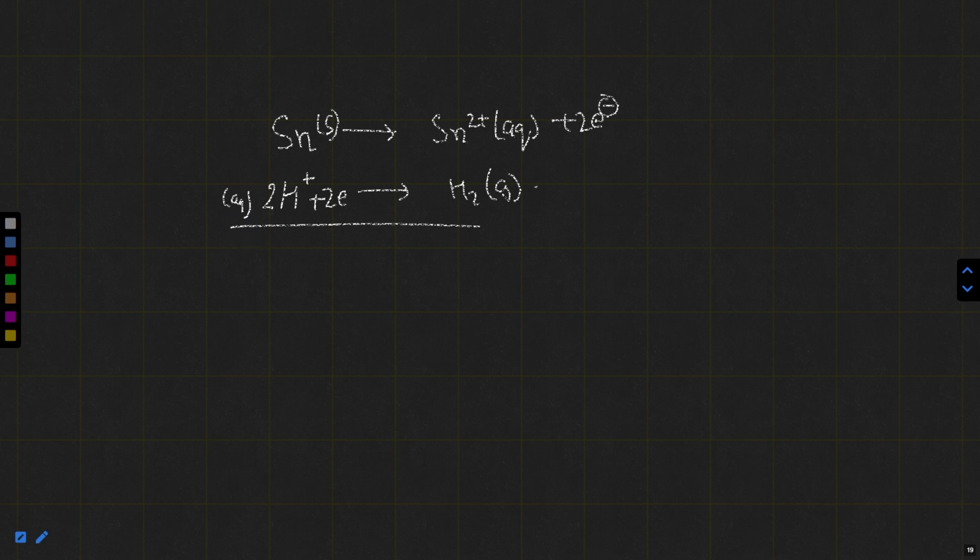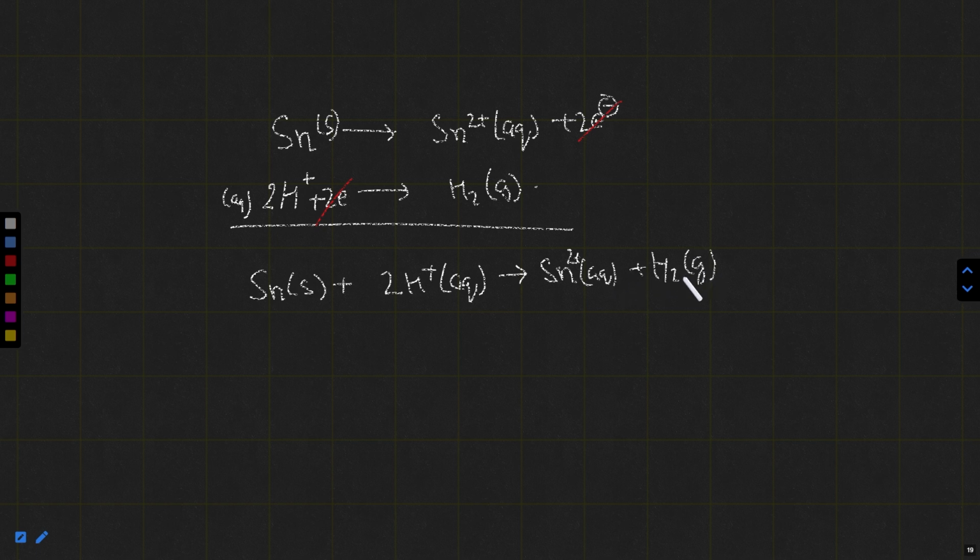Just add these equations to get the final equation. The 2 electrons and 2 electrons will cancel out. So Sn solid plus 2H plus aqueous gives Sn2 plus and H2 gas. This will be the final equation.